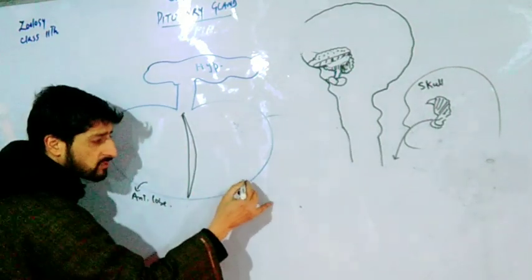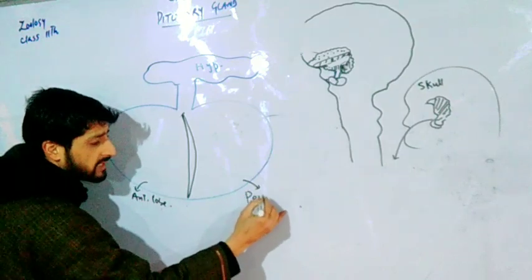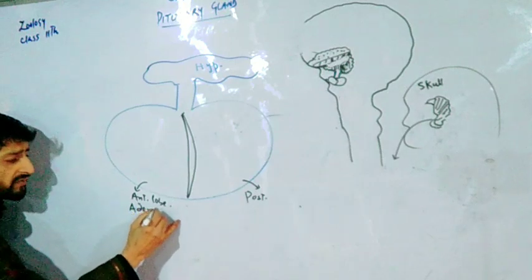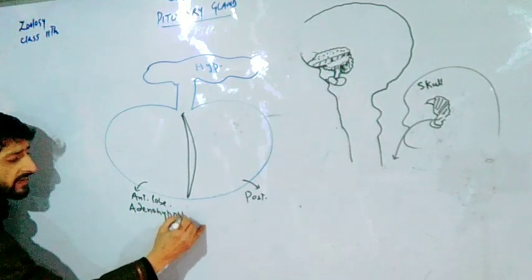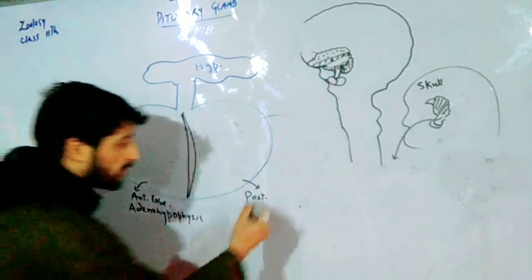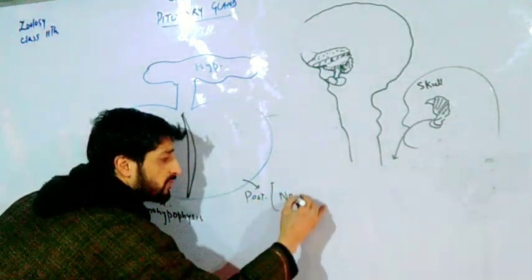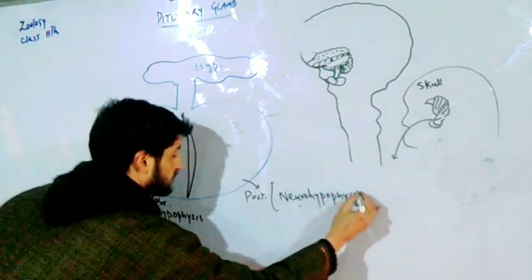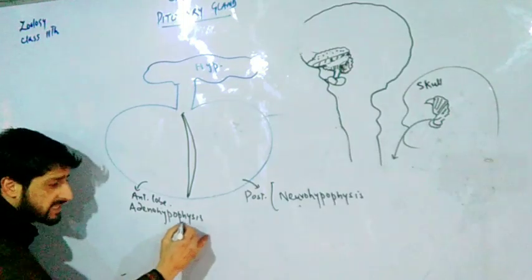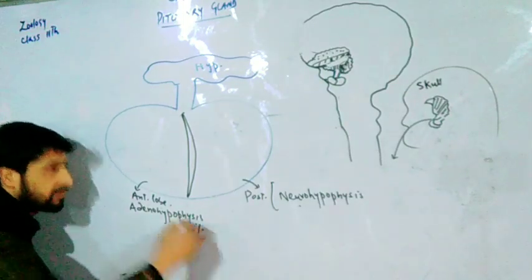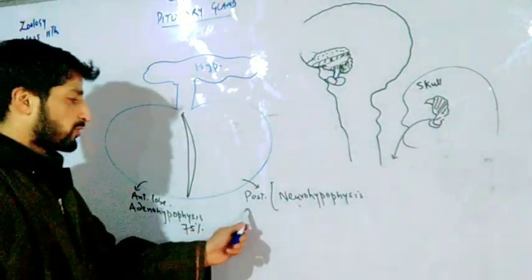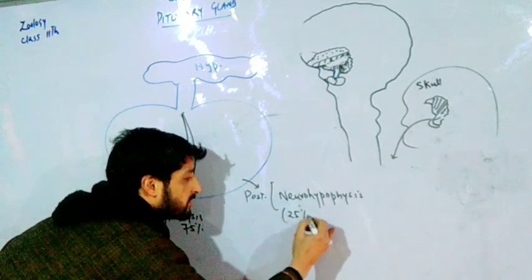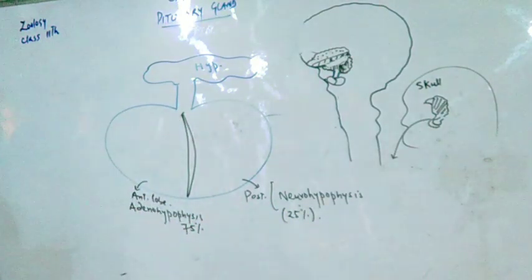The second portion is known as posterior lobe of pituitary gland. Anterior lobe is known as adenohypophysis. The posterior lobe is known as neurohypophysis. Adenohypophysis forms 75% of the whole pituitary gland, and the posterior lobe, or neurohypophysis, contains just 25%.